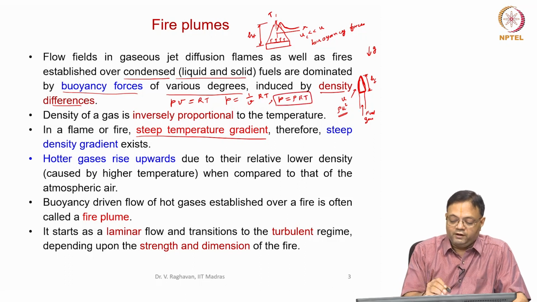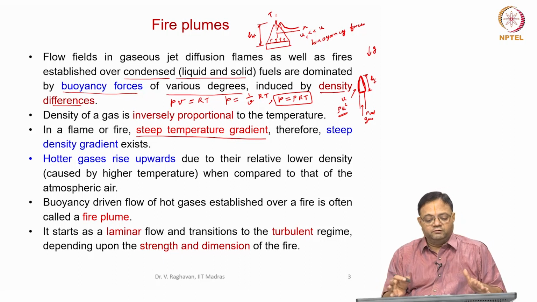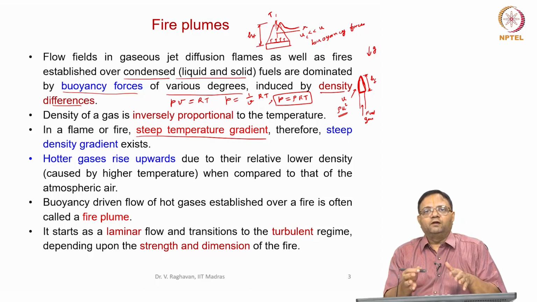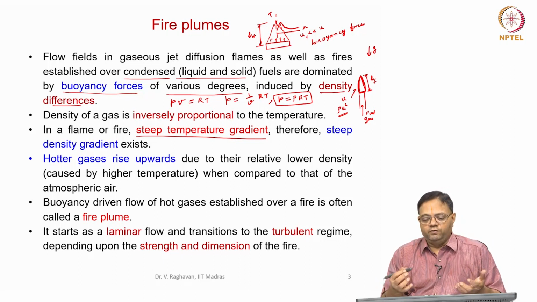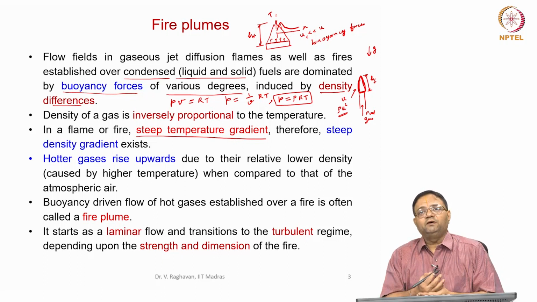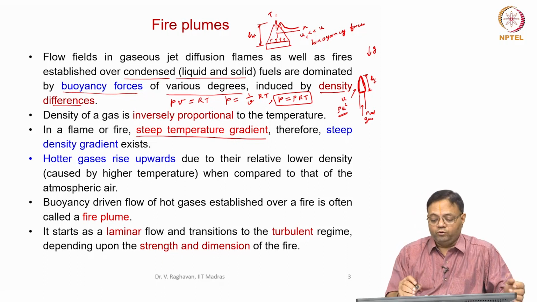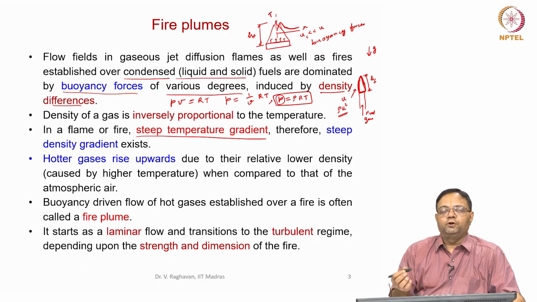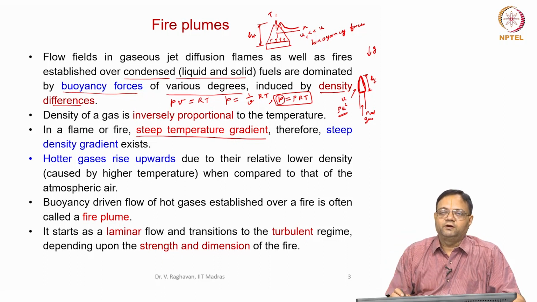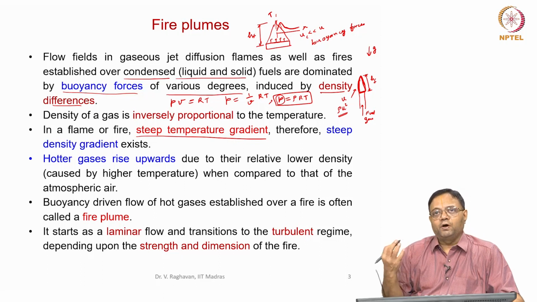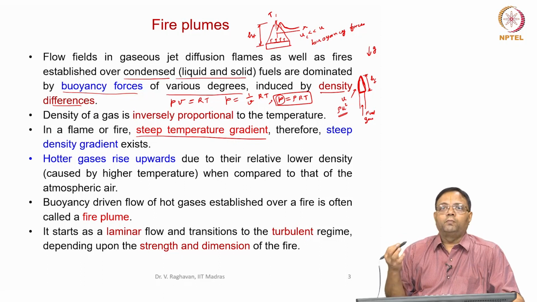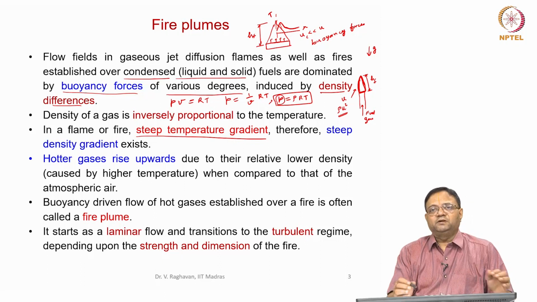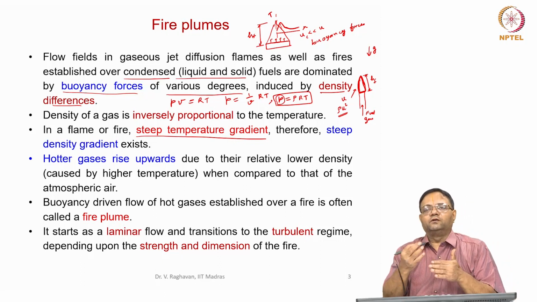Now, you can see that for this fire, the temperature variation will be very steep, but the pressure variation will not be so high. Due to the flow there will be some dynamic pressure variation, but the atmospheric pressure is about 1 bar. So, the pressure fluctuations may be 1 bar, 1.1 bar, something like that.